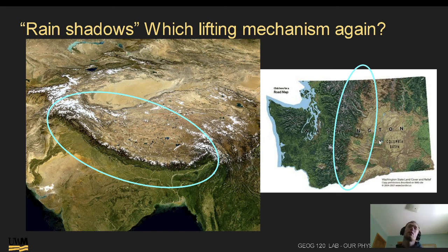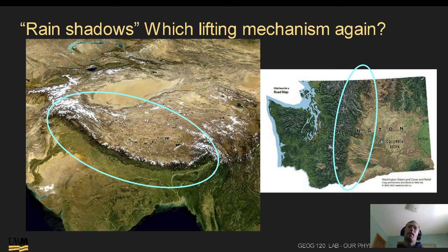On the right I have circled the Cascade Mountains in Washington. They go down to Oregon and Canada. And generally, the air pretty much always blows from west to east in Washington.